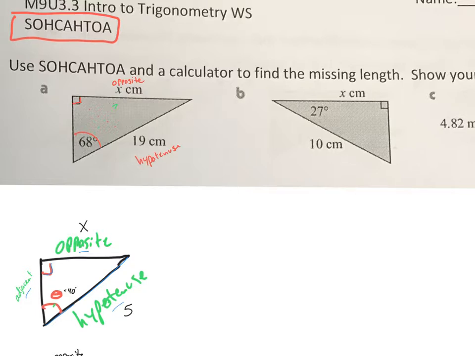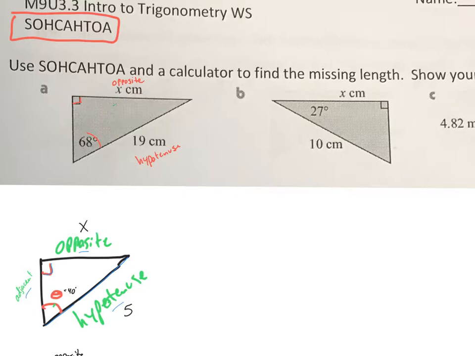This one would be the adjacent, but since it's not part of the game, it's not the one we're looking for and not the one that we have, we're just going to ignore that one for now. We don't need that one. All we need is the names of the opposite and the hypotenuse.